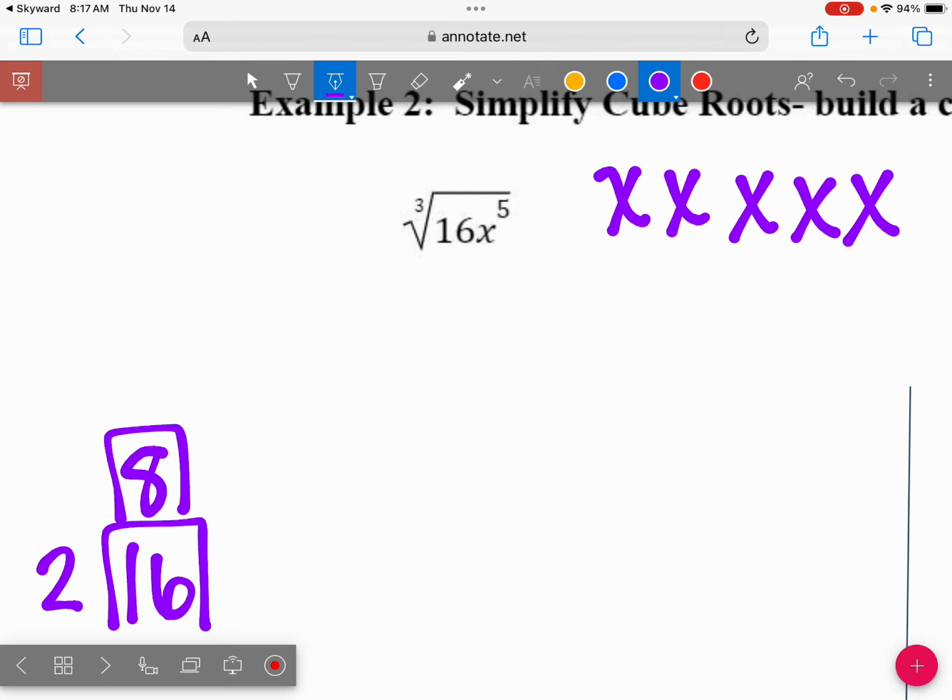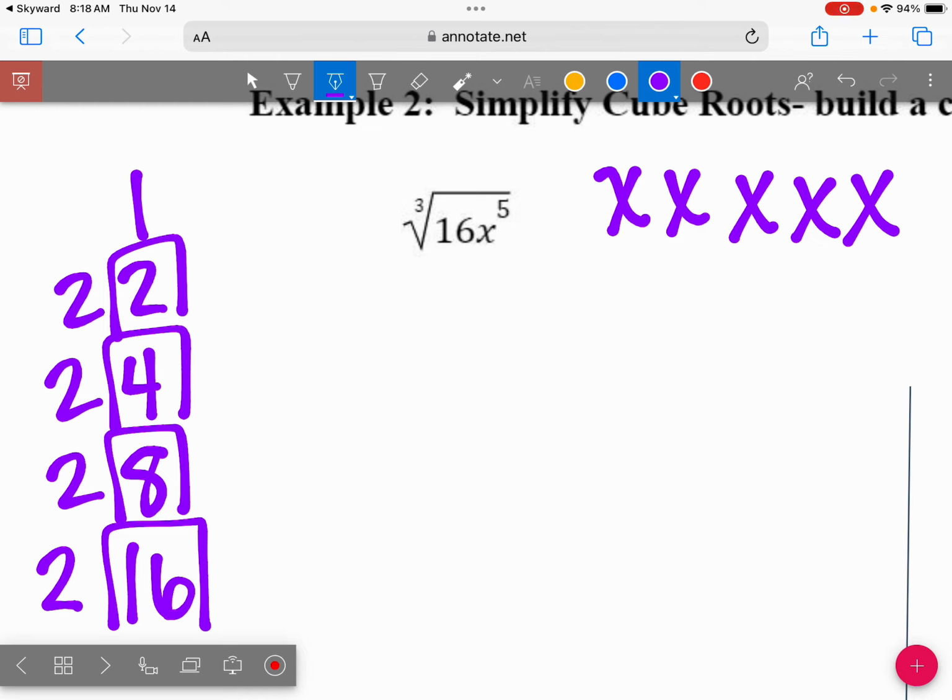So whose cake had 4 layers? Okay, good. We can divide 16 by 2 4 times.